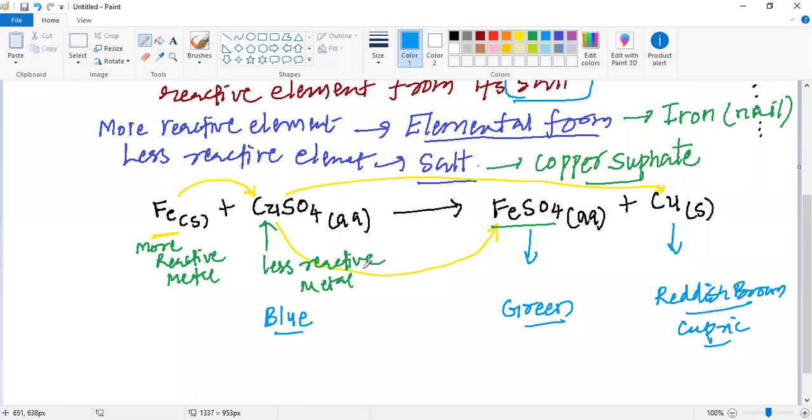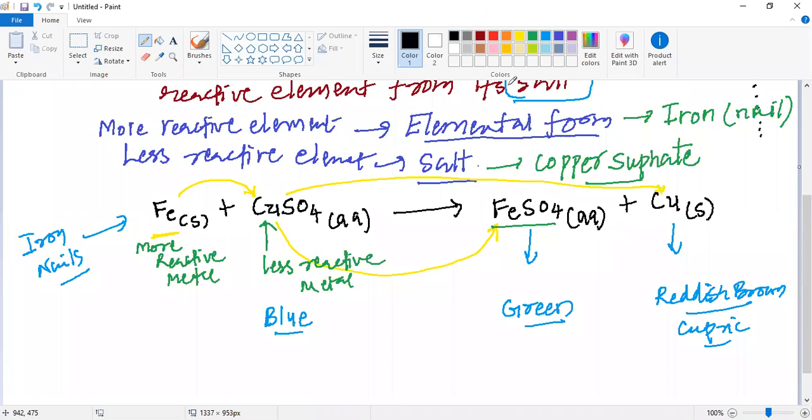What happens, my dear students, when you take these iron nails, these iron nails are deposited by the copper. Iron nails displace copper from the copper sulphate and form FeSO4, and this copper is formed.